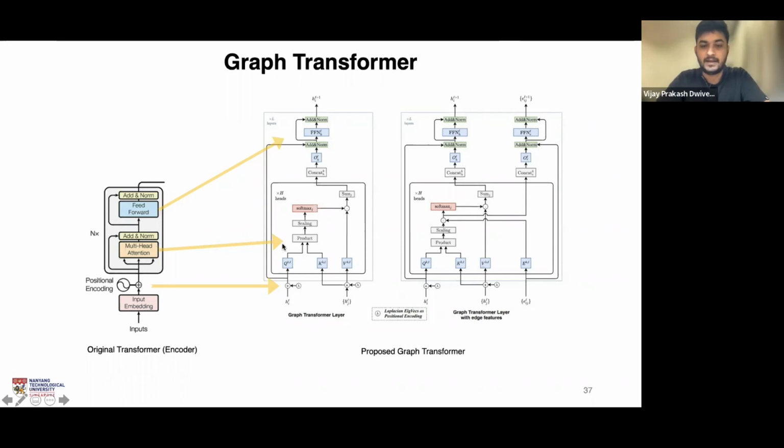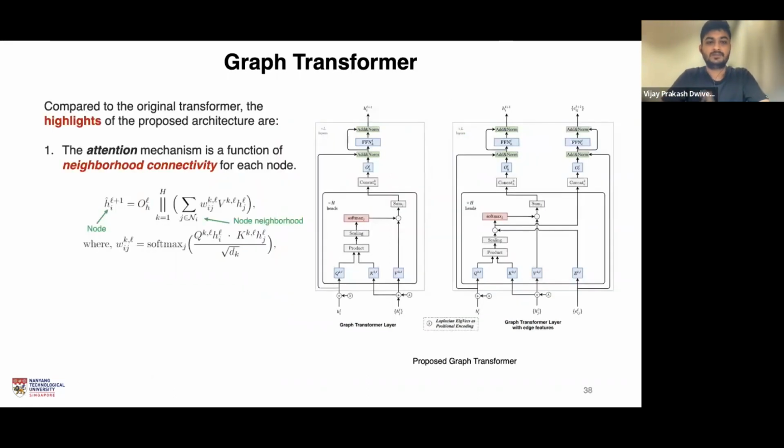We have the multi-head attention mechanism that only takes the local one-hop neighbors, and we have the respective feed-forward model. And we have another architecture on the right, which takes in the edge information. So I'll walk through each of these one by one, and what the differences are relative to the original transformer.